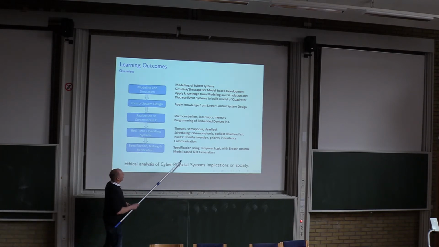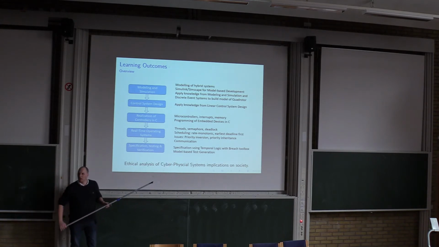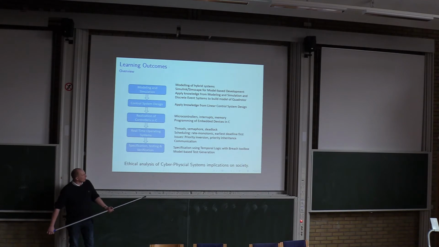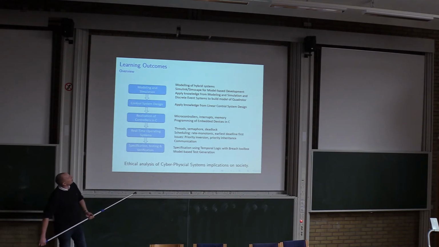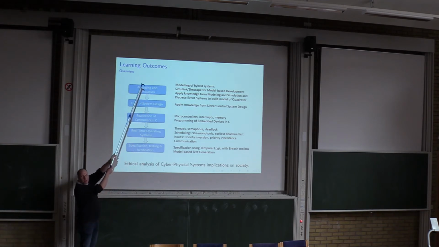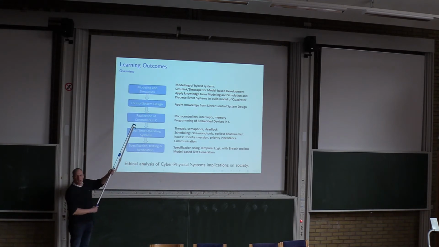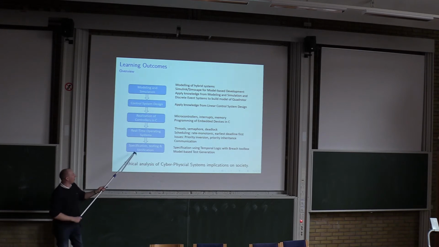So this is a very hot area in industry right now, and we will basically touch upon what we're doing in the research projects right now. So we do everything from modeling, control design, implementation, and then specification, testing, and verification as well.